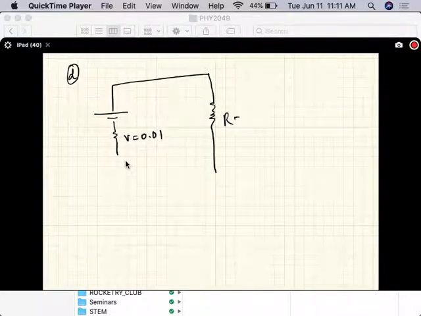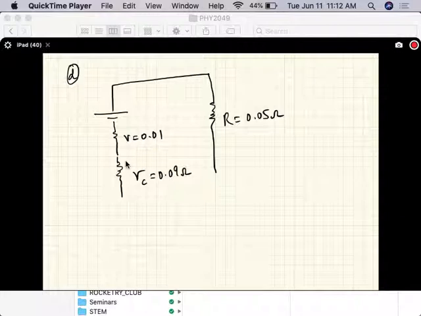Here is your load, which is the motor. And when the battery connections get corroded, what you end up doing is adding in more resistance there. Okay, and that is 0.09 ohms. So this is why you need to keep your terminals clean.